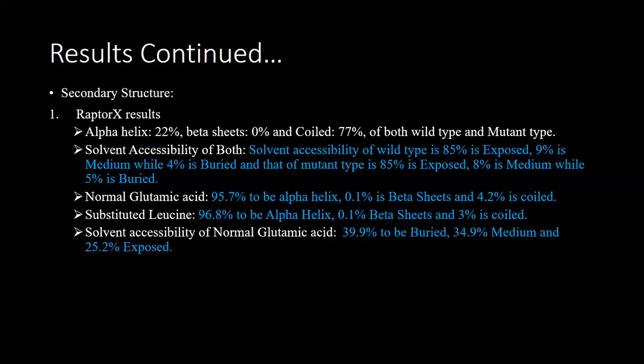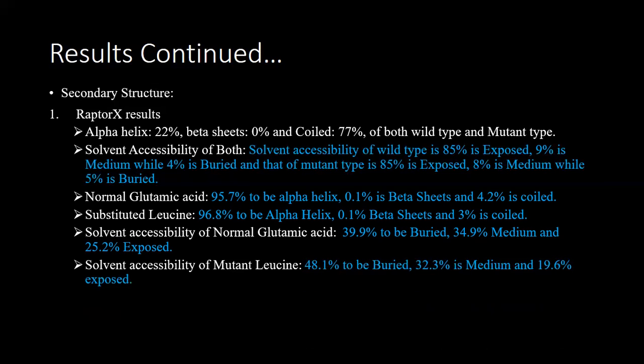The solvent stability of normal glutamic acid is 39.9% buried, 34.9% medium, and 25.2% exposed.